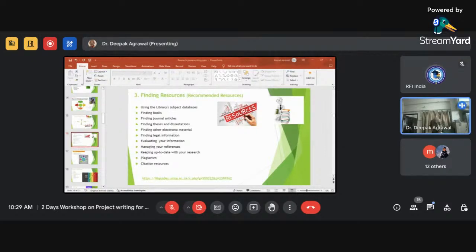We need to identify the library where we can get those things. Secondly, if you are unable to get access to your library, try to reach the university library or any other big data source where you can have a membership and get the data.